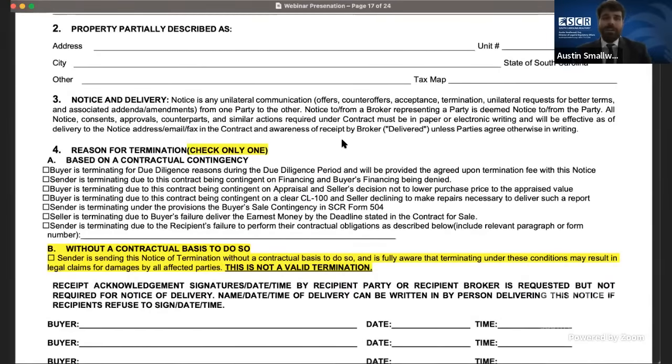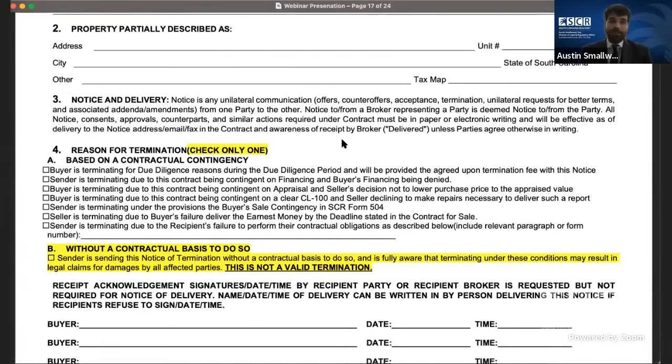And lastly, the sender is terminating due to the recipient's failure to perform some contractual obligation described below. That's going to require some sort of relevant addendum that was drafted by an attorney or something like that. But mostly it's going to be those top 6. So if the sender cannot reasonably and honestly check one of those first 7, they do not have a contractual basis for terminating the contract.